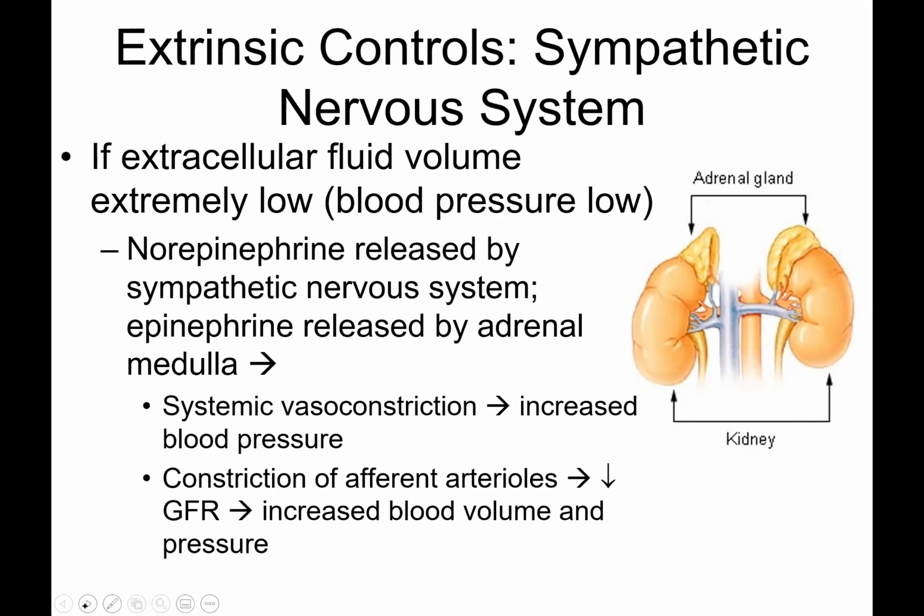Our autonomic nervous system, via the sympathetics, we're dealing with norepinephrine and then epinephrine. In certain areas of your body, when epinephrine and norepinephrine hit the tissue, it will tell the tubes to go from open to more closed.